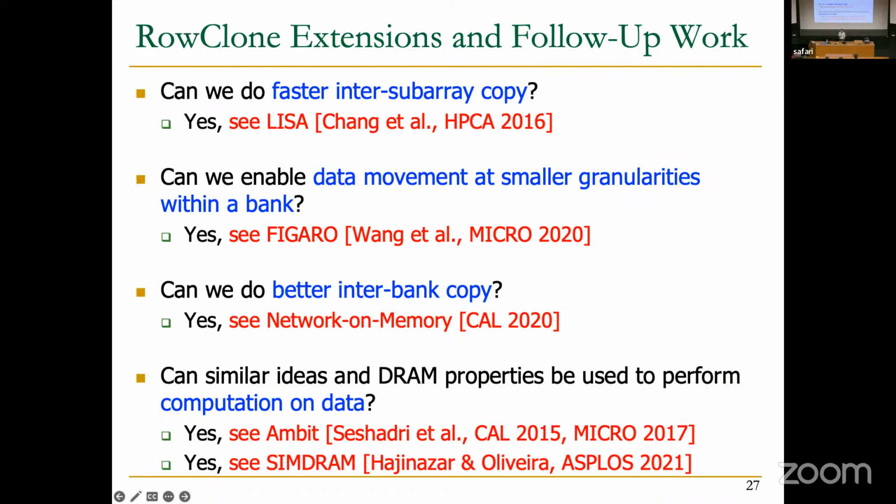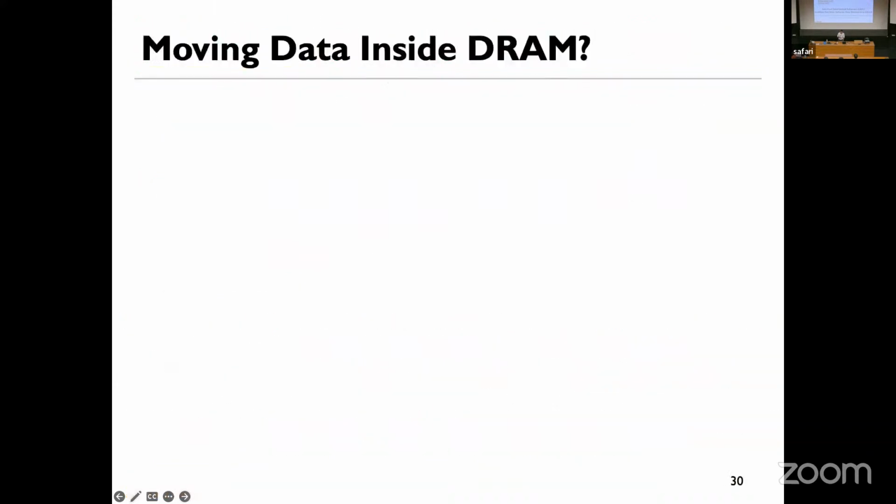Later on, I'm going to talk about this and SIMDRAM, which is further built on top of RowClone to implement bitwise operations. So those are the references for those works.